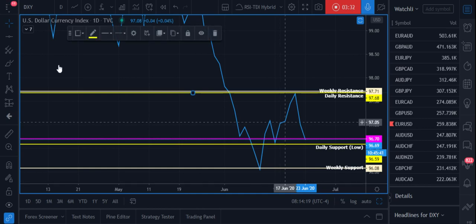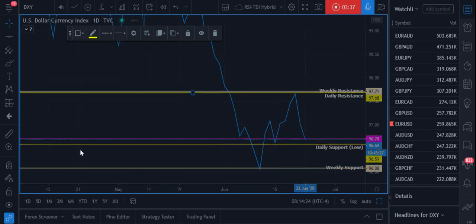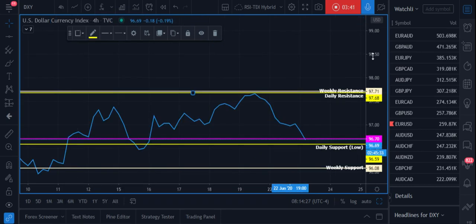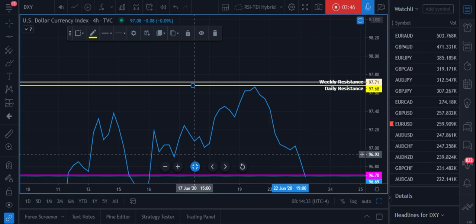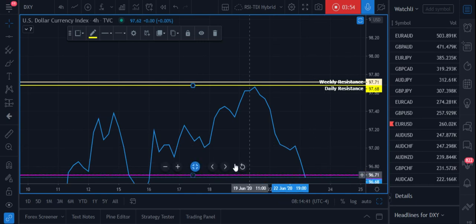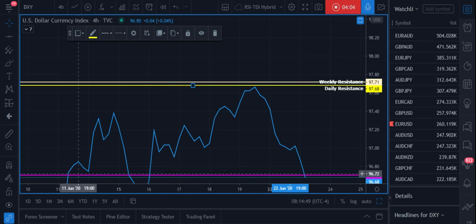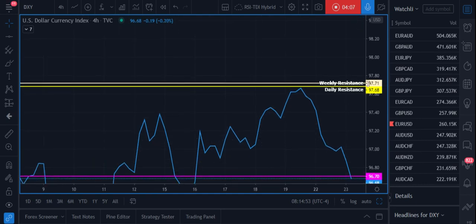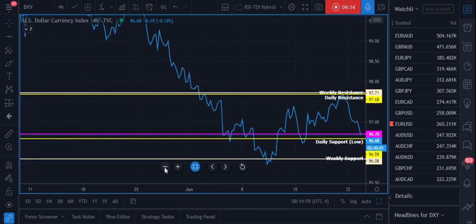Now, to follow my top-down analysis, I'm going to go to the 4-hour. I'm going to do the same thing, but I'm looking for a point, making a line where I have support and resistance on both sides, a high and a low on both sides. Here's where price is currently. So I'm going to go above here, and I see a point of support, and I have to go back in time to see if that's a valid support and resistance line.